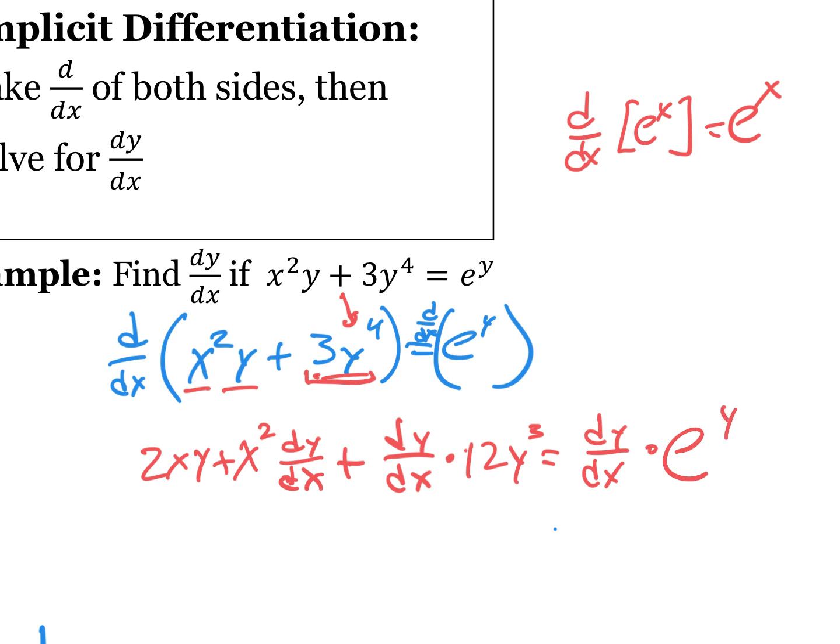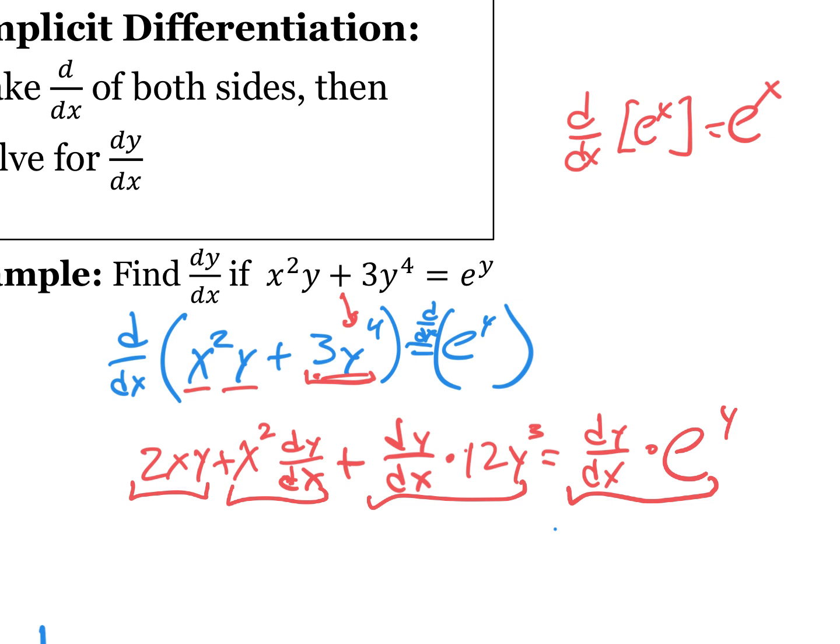All right, well, how do we deal with this? We have 1, 2, 3, and over here we have a fourth term. We need to get all the ones with dy/dx on one side, and the others on the other side.